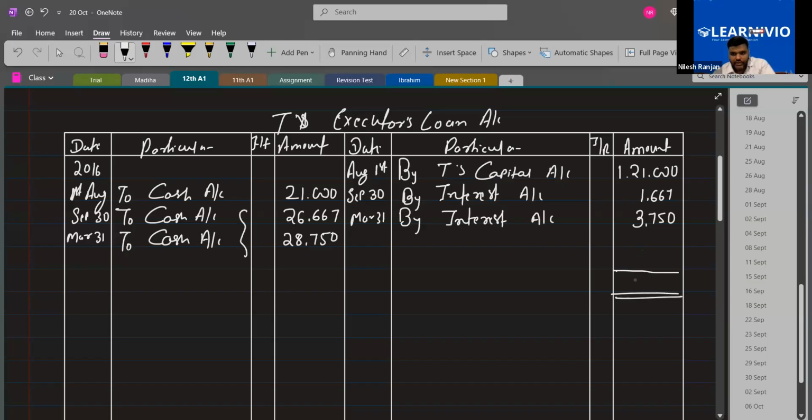So 1,21,000, 22, 26, 1,27,000, 470. 1,27,470. Here it will be 2 balance CD 0.